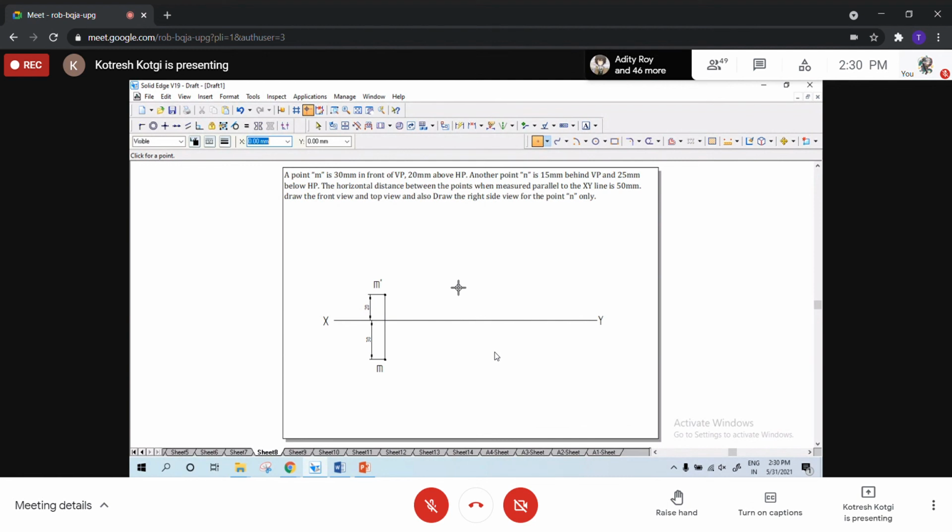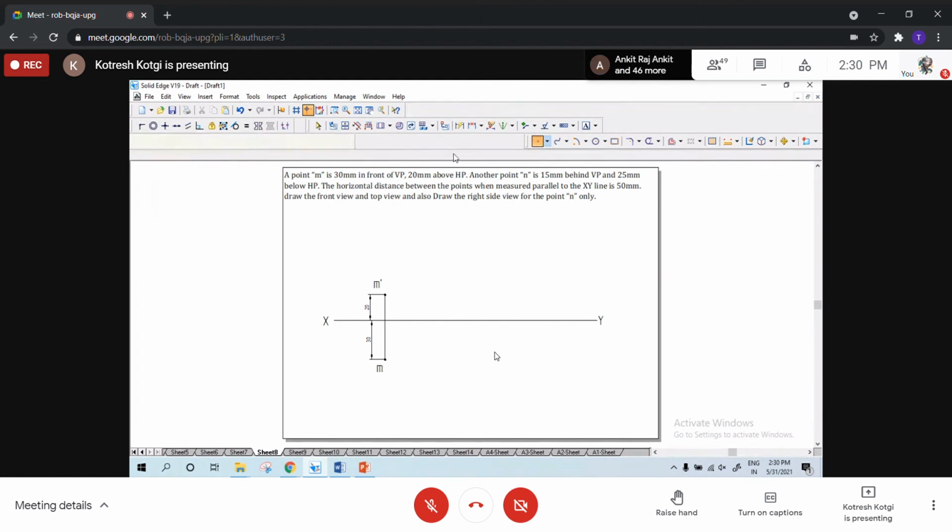Distance from VP is seen in top view. Am I right? Now we have all identified N is in the third quadrant. So for third quadrant, top view will come above XY line or below XY line? Above XY line.